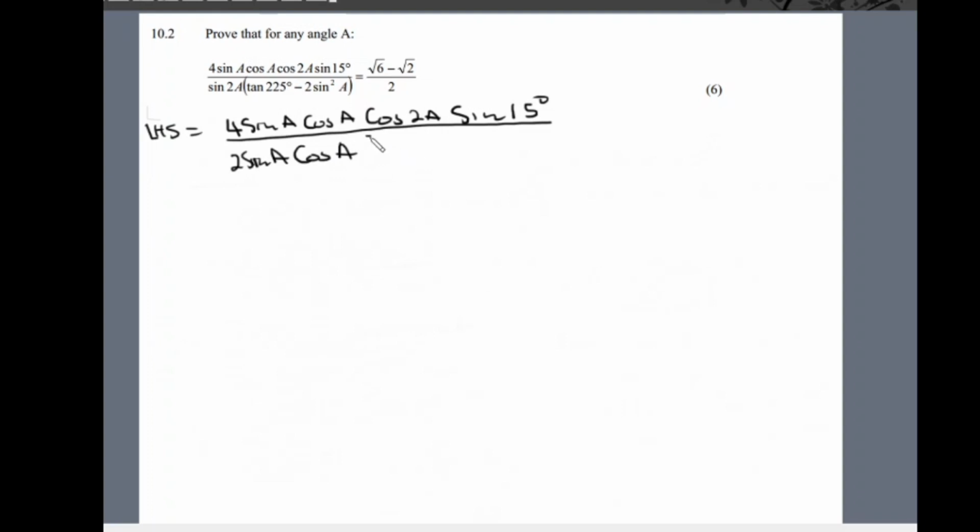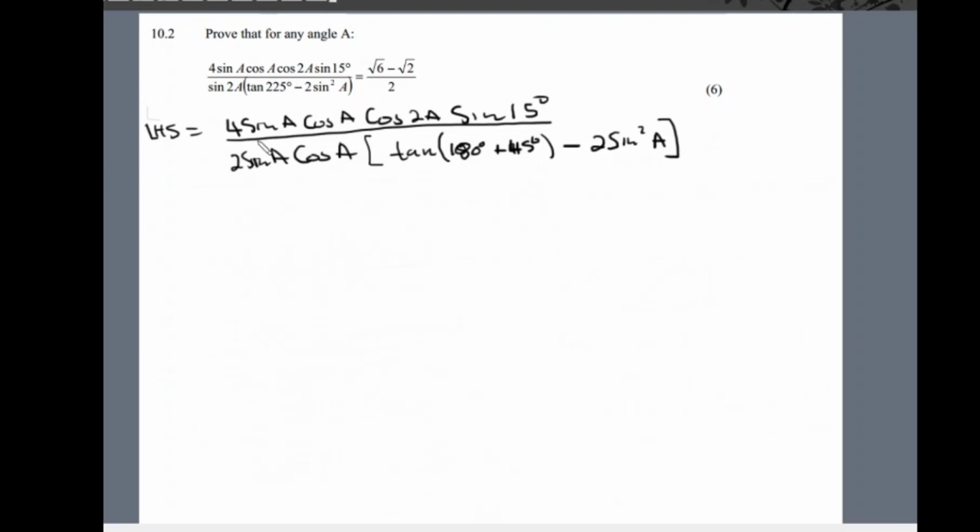And then tan 225 is the same as saying tan of 180 degrees plus 45, because 180 plus 45 is equal to 225, minus 2 sine squared A. Okay?